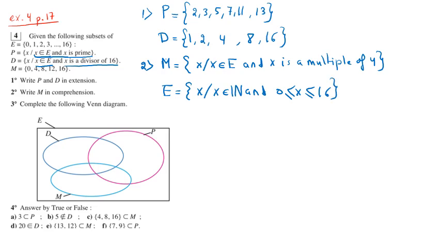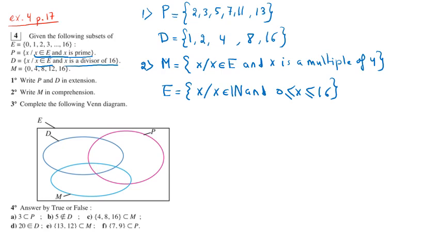Part 3, complete the following Venn diagram. Of course, in this Venn diagram, we should see which numbers are common between P, D, and M. We have to choose first here. Here are the common numbers between the three sets together.